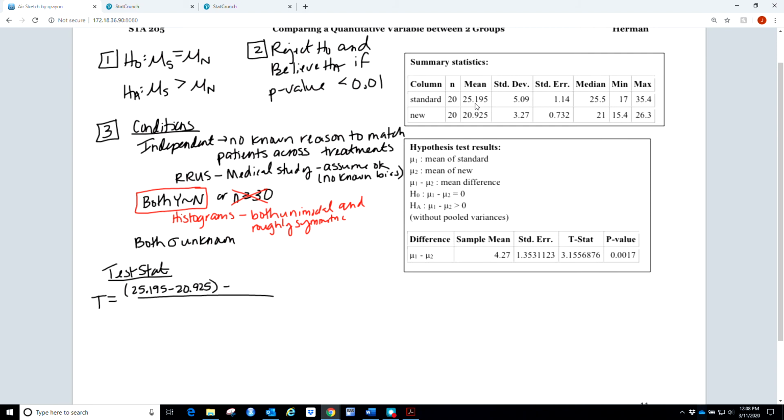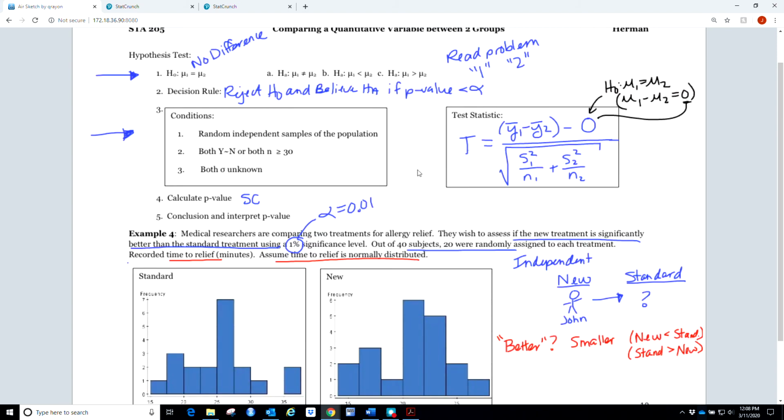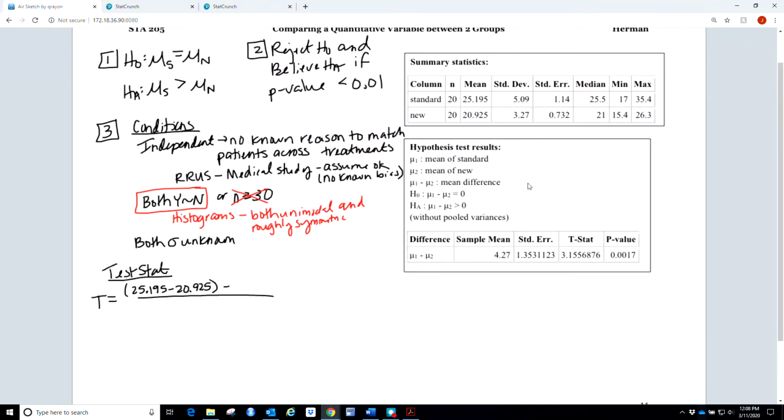Then we're subtracting off something and dividing by something. Again, what we subtract off is 0, because that null hypothesis is a 0 difference between them. And then we have our sample standard deviations and sample sizes to use in that bottom part. So we're going to subtract off 0. We're going to divide by the square root of 5.09 squared over 20 plus 3.27 squared over 20.